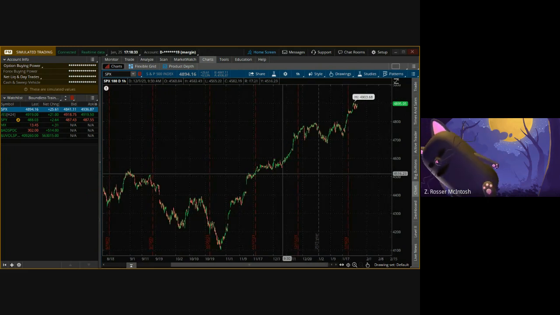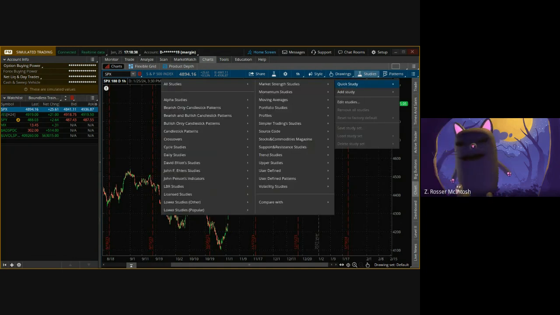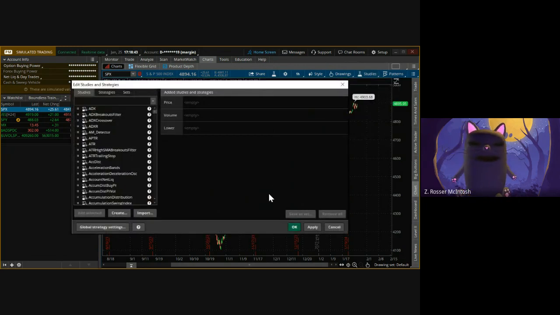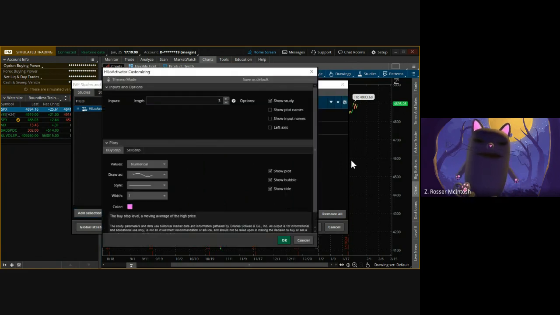Go to studies up at the top right-ish area. Edit studies. And search in that search bar HILO. Then click on that and add selected. Then hit the gear at the top right. Very good. We don't need to mess with anything else.